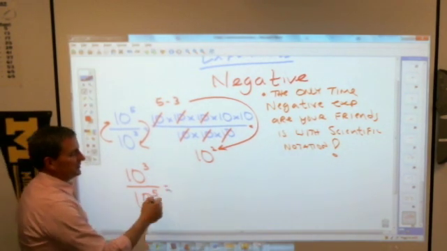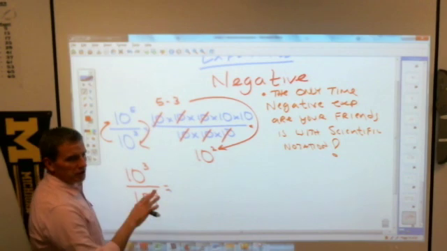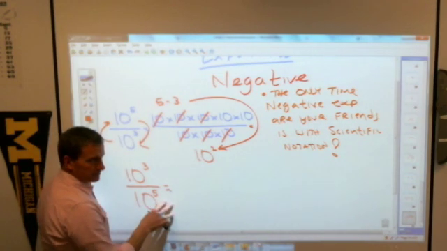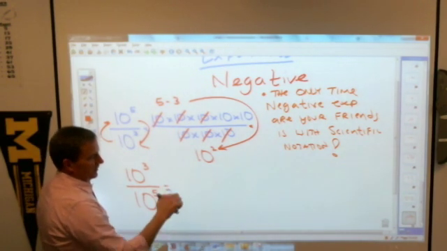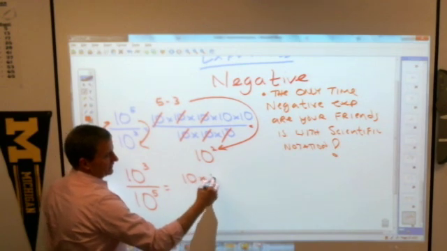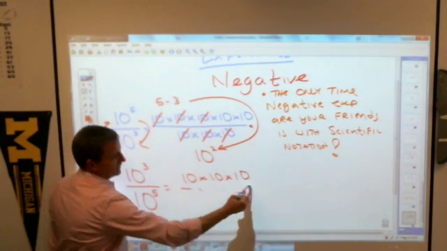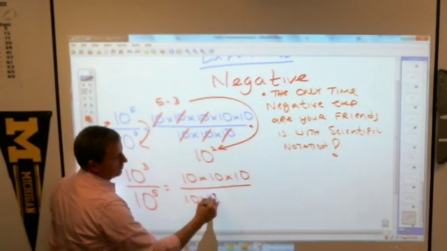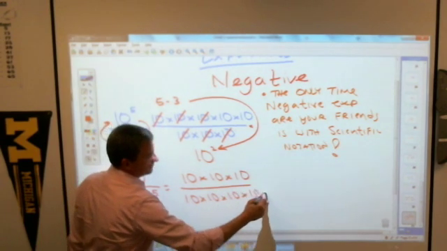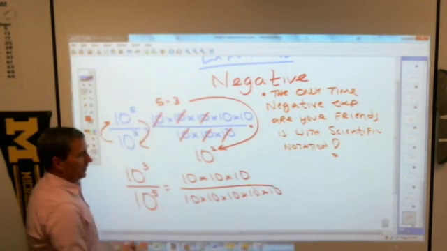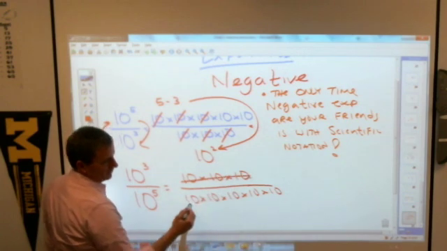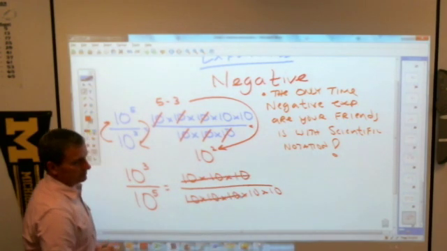Well, using the same philosophy we just did, if I wrote all these out, I have 3 tens on top. These 3 tens would cross off with these 3 tens on the bottom.